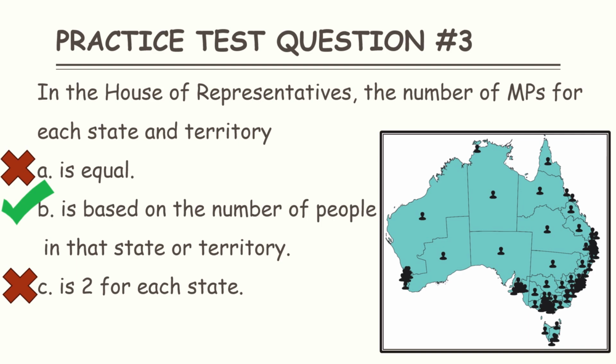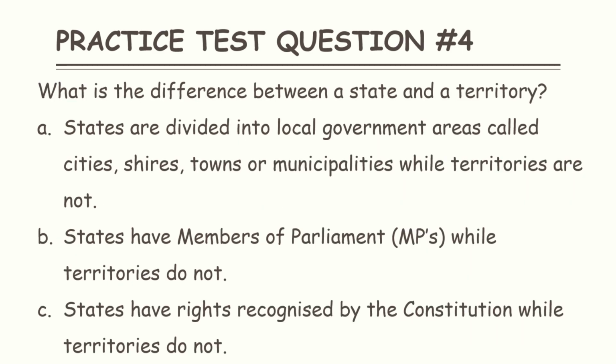So, knowing that in the House of Representatives, there is 1 member of Parliament for each electoral area, which is formed based on the size of the population of the area, the answer to this question must be B. In the House of Representatives, the number of MPs for each state and territory is based on the number of people in that state or territory.